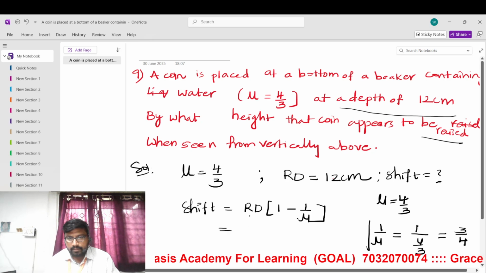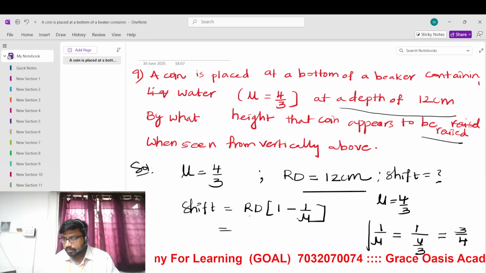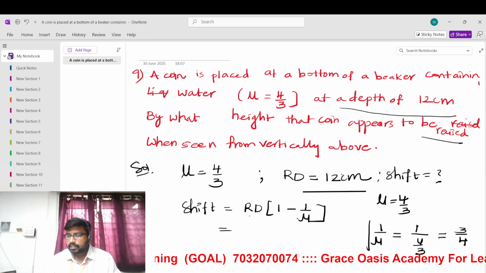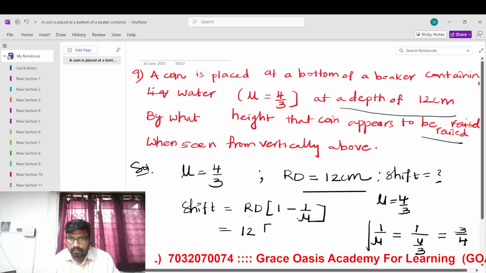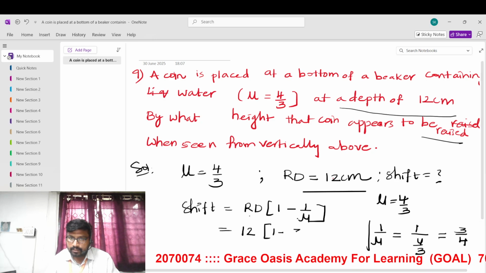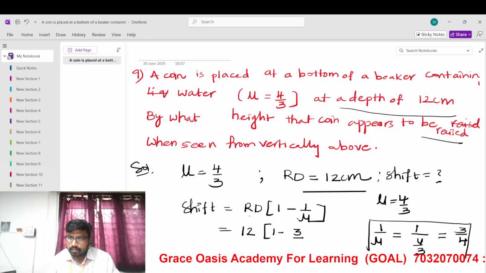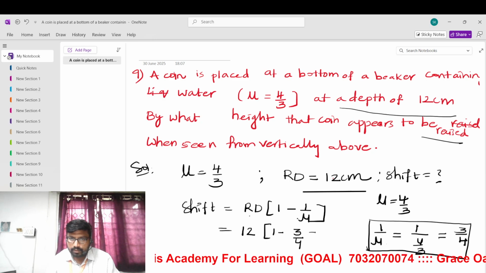So 1 by mu is 3 by 4. The real depth from the question is 12 centimeters, so we write 12 here. 1 minus 1 by mu, where 1 by mu is 3 by 4.